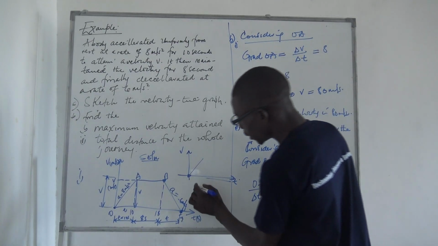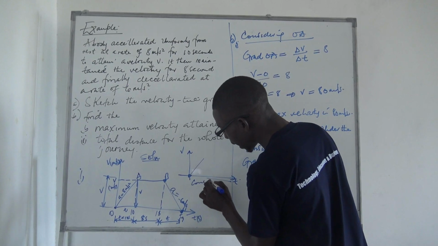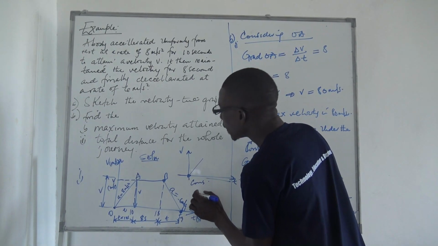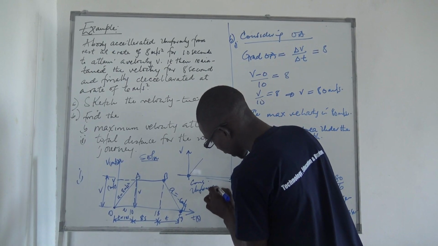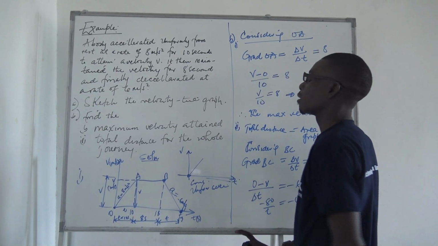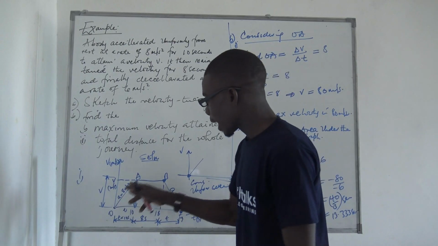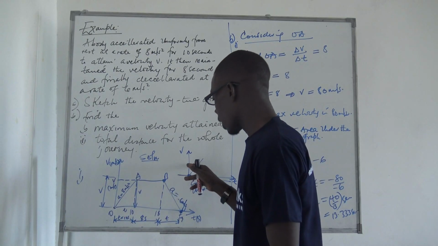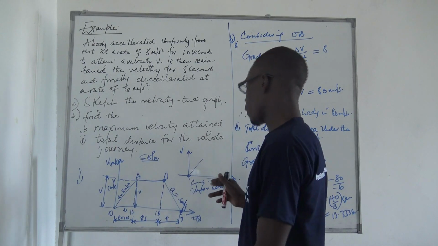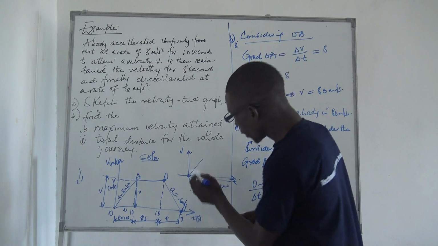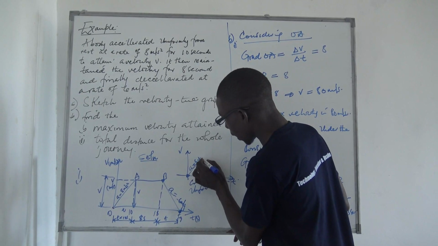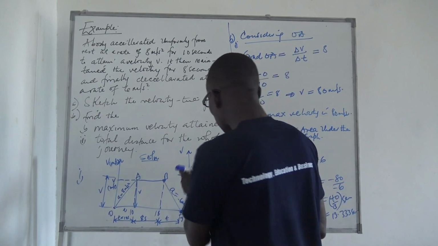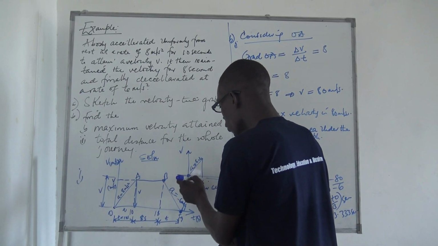Because behind that we say that this is a constant positive gradient and a uniform acceleration. So that means we draw it like that, and then we said also that the slope of velocity time graph is always acceleration. That means that the slope here is the acceleration given as 8 meters per second squared. And then they said that happened for 10 seconds.